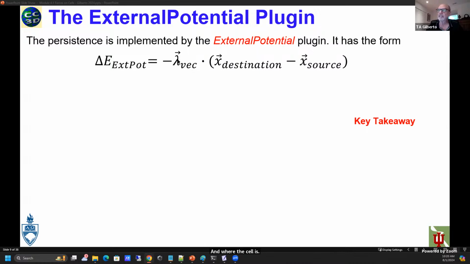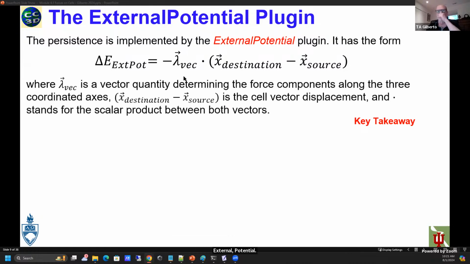Okay, this is an external parameter that you impose over your simulation, the intensity of the external potential, I mean the force. So since we have here a displacement and the displacement is a vector, you have to know the components of the force that act in this scalar product.